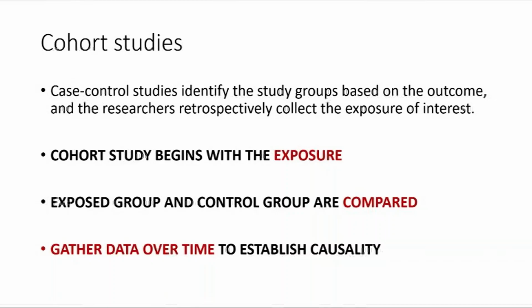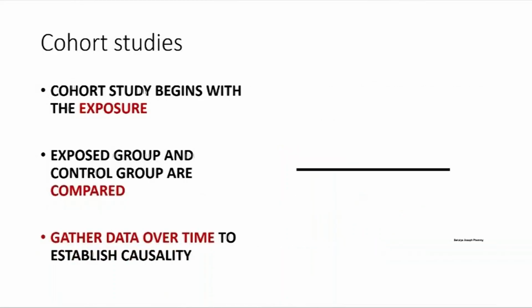Classically, you collect data as you go on to establish causality. So let's say, for example, you have people that are exposed to asbestos. Then you have another group that are not exposed to asbestos. Then you go forward in time, monitoring them, who will develop mesothelioma, who will not.